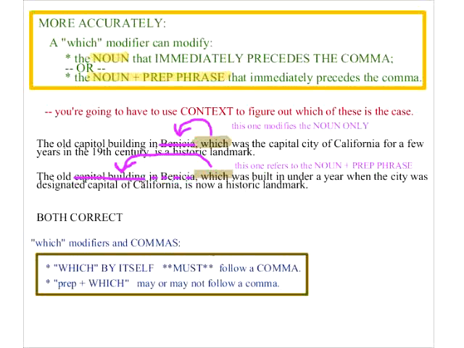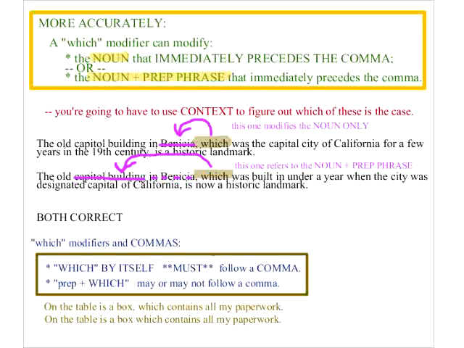But if you say something like, on the table is a box, comma, which contains all my paperwork, this is correct. If you say, on the table is a box which, no comma, contains all my paperwork, this is not acceptable on the GMAT.